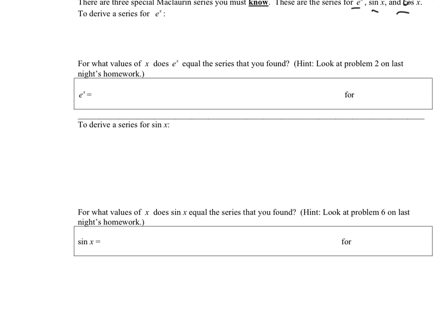Look at problem 2 in the last unit's homework. Well, I'm not going to look back, but if I was to build e to the x again, and we are, I think that was when we were at 0. I don't know.